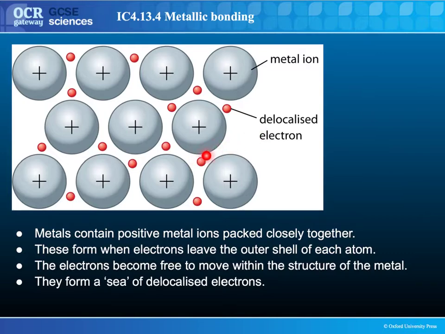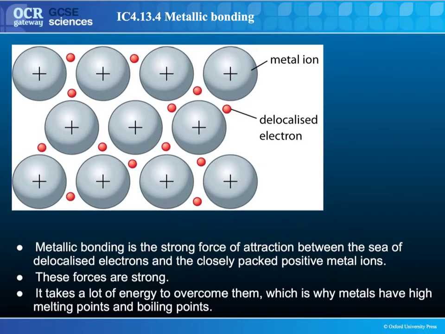So these electrons can move all the way through this material as they see fit. Because these electrons can move, this is the reason why metals conduct electricity. Free electrons, movable delocalized electrons, can carry charge around a circuit. Also, the attraction between the delocalized electrons and the metal ions is a very, very strong bond.